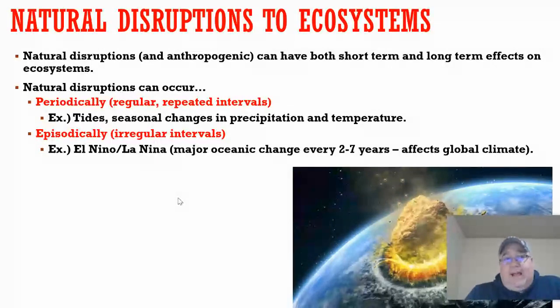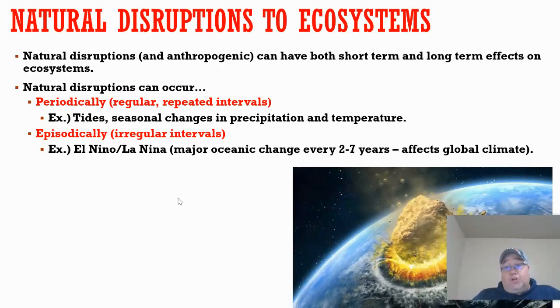Probably one of the best examples I can give of an episodic disruption is something called El Nino and La Nina. These are massive oceanic changes. We'll talk more about exactly what they are and what causes them in a couple weeks down the road.